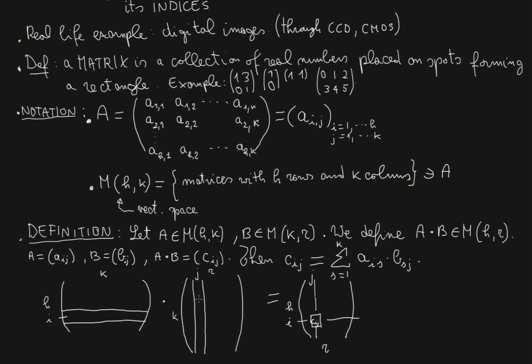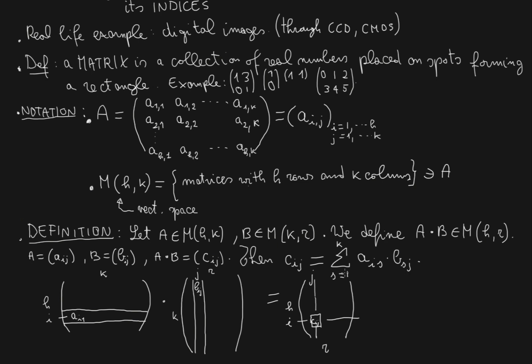And how do we actually find the exact value of Cij? We start from the first one, which in the matrix A is going to be ai1. For s equal to 1, we will be here in the matrix A, and this coefficient will be multiplied with the first coefficient of the jth column in B, which will be b1j.